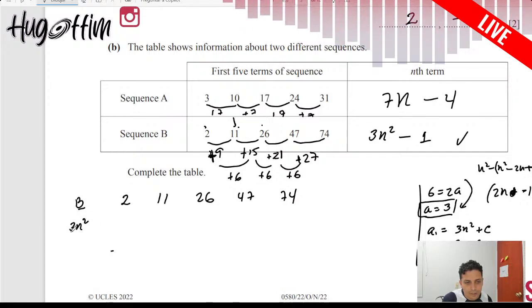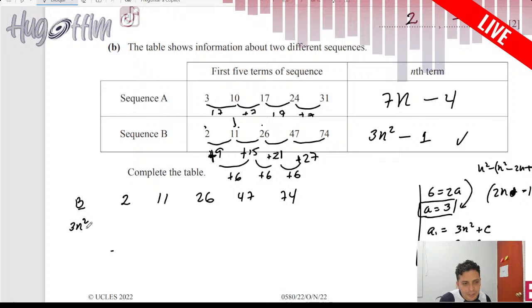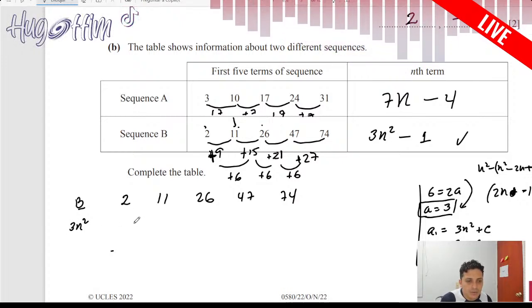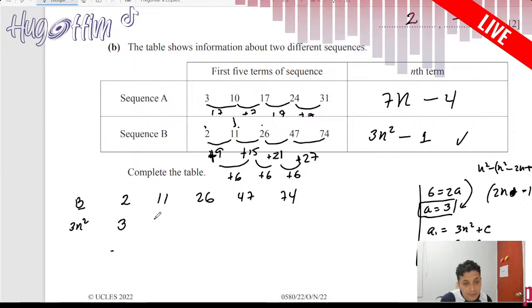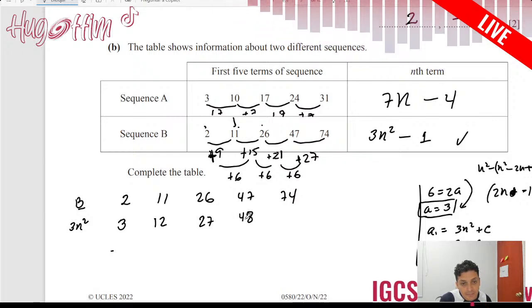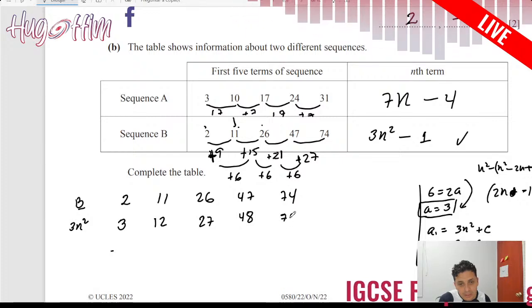The sequence 3n squared is going to be 3, then 3 times 4, that is 12, then 3 times 9, that is 27, 3 times 16, that is 48, and 3 times 25, that is going to be 75.